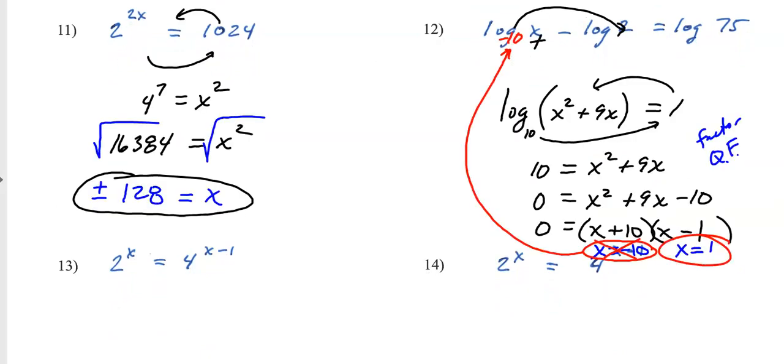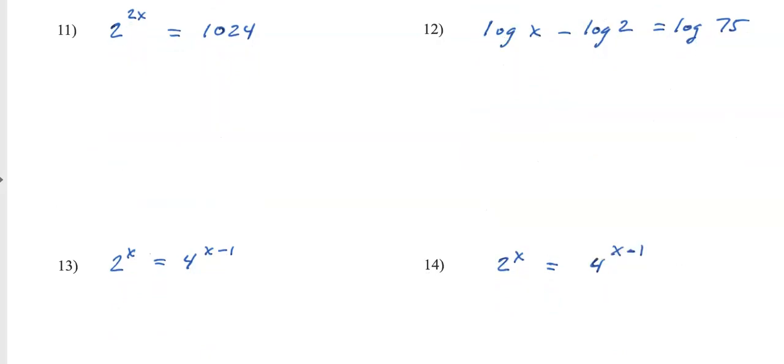All right, number 11. You know, a couple different routes you could go. I could see, is there a 2 to the something that equals 1024? I could play around with that and try to get the answer and write it as the same base. Could do that if I wanted to.